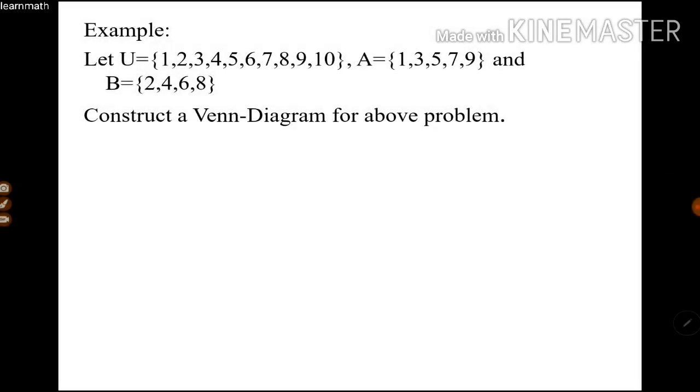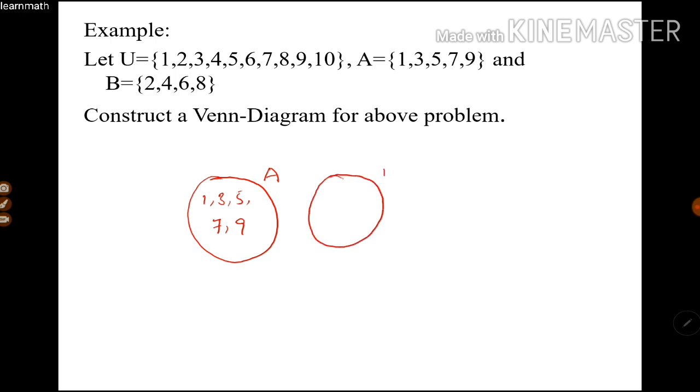Construct a Venn diagram for the given problem. See here, now take one circle and indicate it with A. So A has the elements 1, 3, 5, 7 and 9, and take another circle indicated with B. B has elements 2, 4, 6, 8, and take one rectangle.